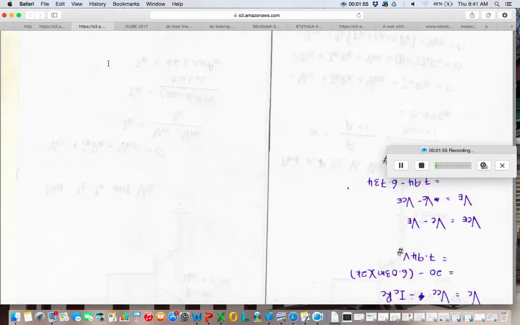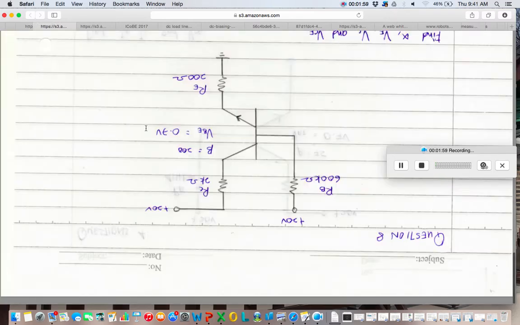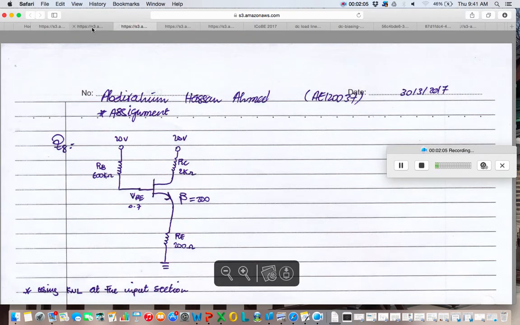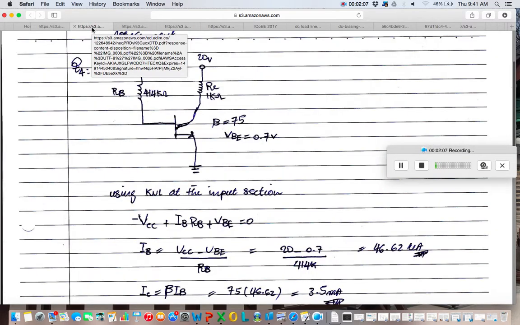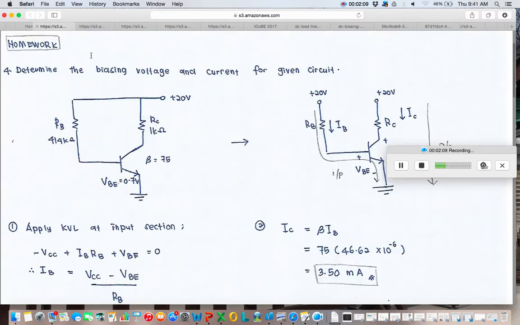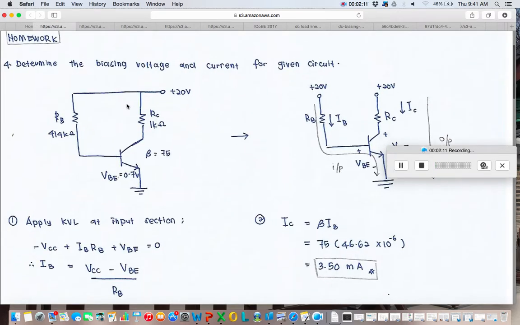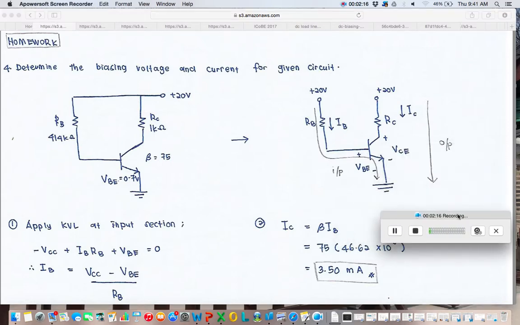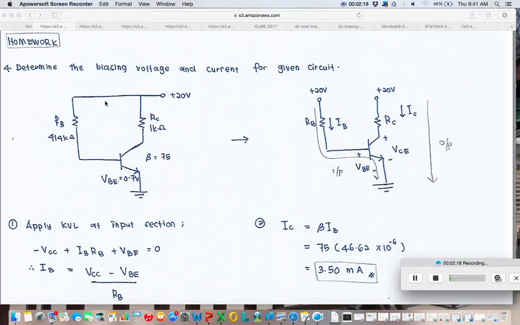This one is from Abdurrahim. So question number 4 is regarding the fixed bias circuit.